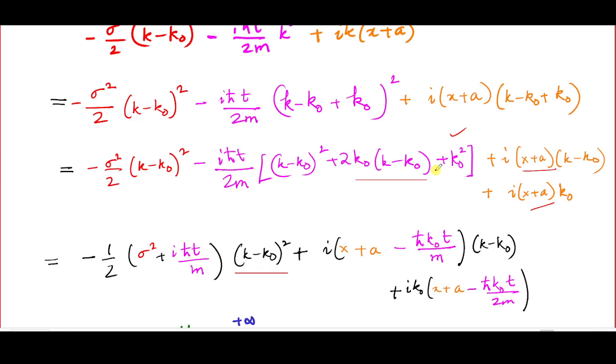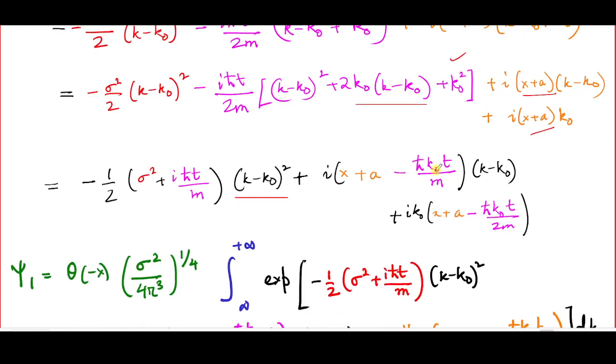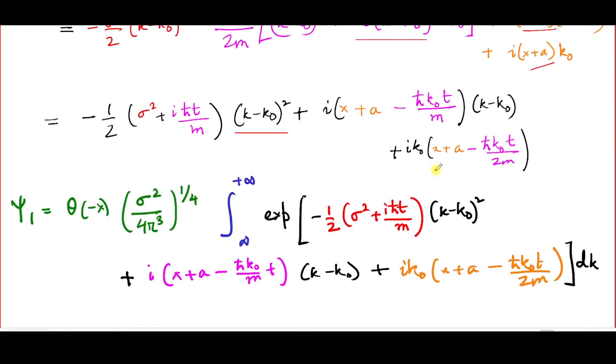So now we have an integrand which is of the form exponential of minus a x square plus bx plus c, where the role of x is being played by k minus k0. So here the red coefficient is the a, the purple one is the b, and the orange one is c.